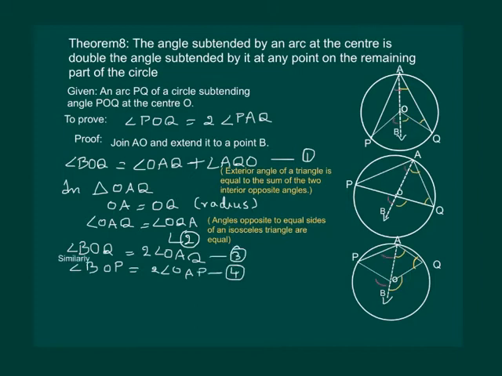Now add the two equations, equation 3 and equation 4. We get angle BOP plus angle BOQ equal to 2 times angle OAQ plus angle OAP.